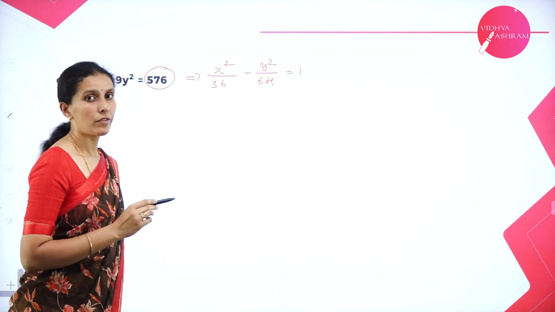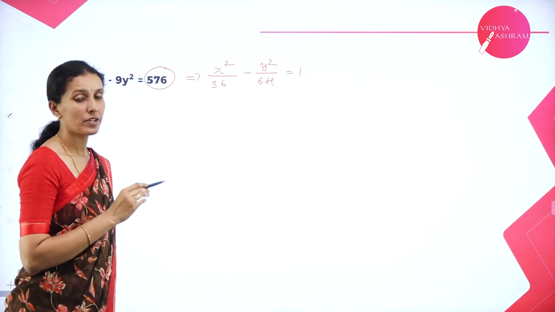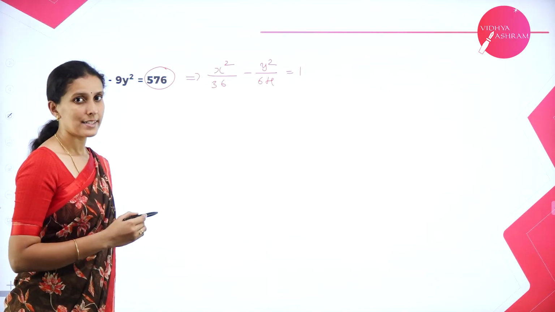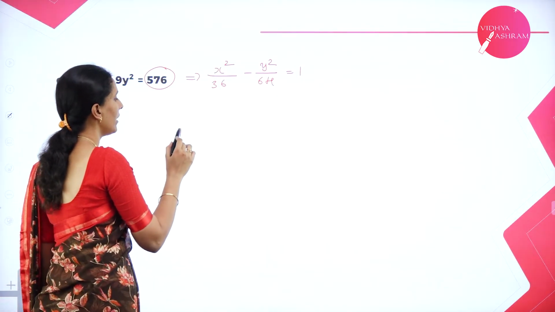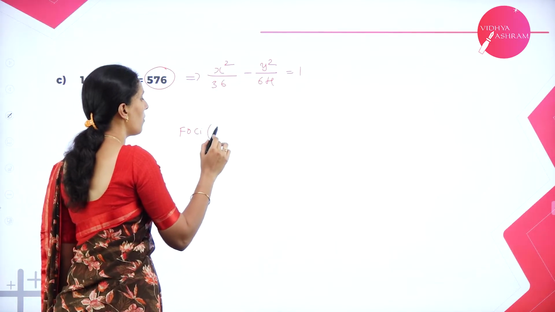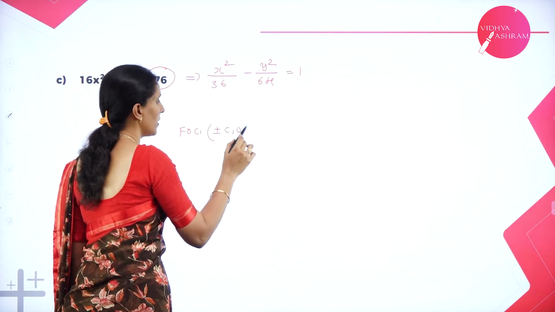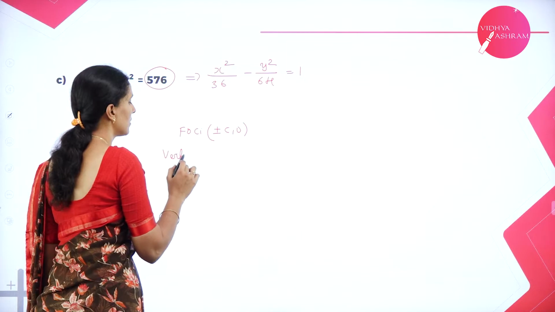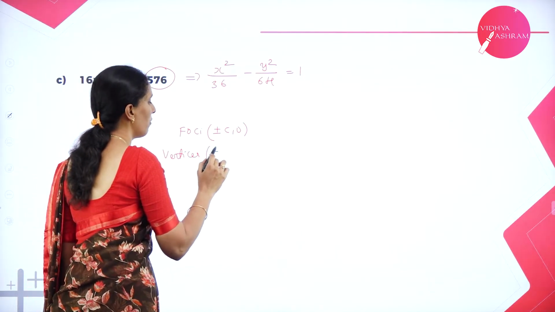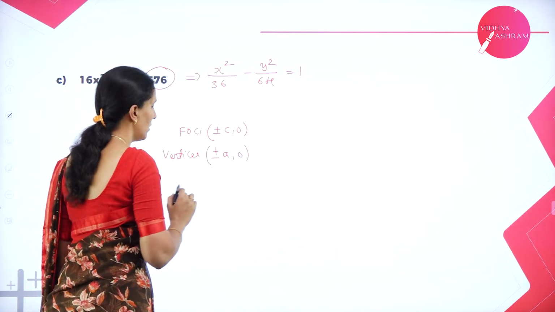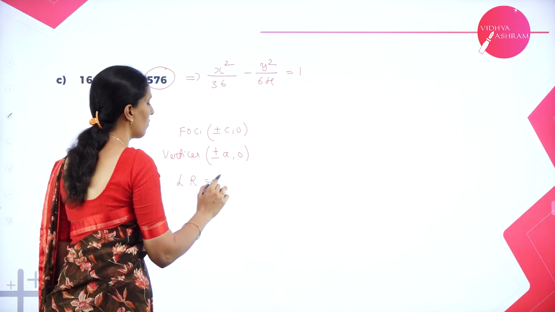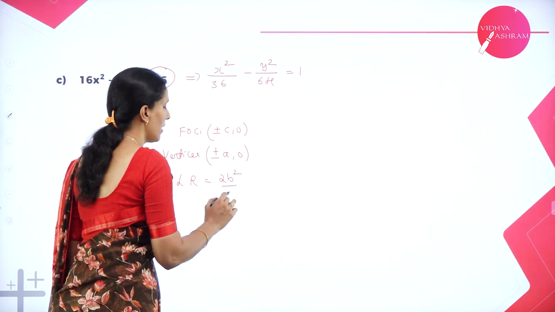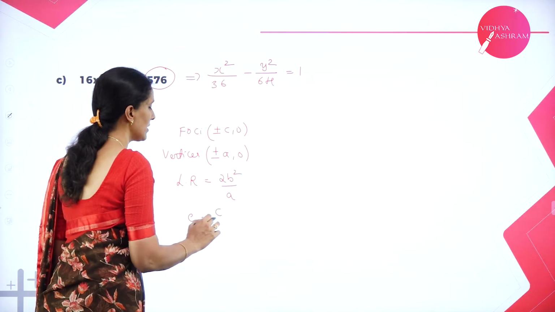Now, this is of type 1 hyperbola, that is, transverse axis lies on x-axis. So therefore, the foci will be in the form of plus or minus c, 0. Vertices will be in the form of plus or minus a, 0. Latus rectum is equal to 2b square by a and eccentricity can be written as c by a.